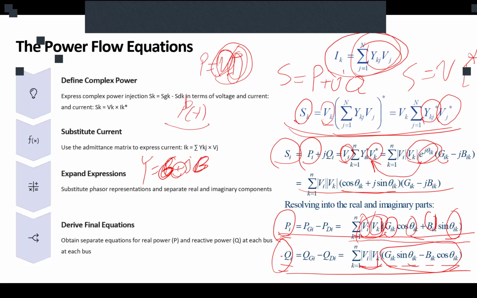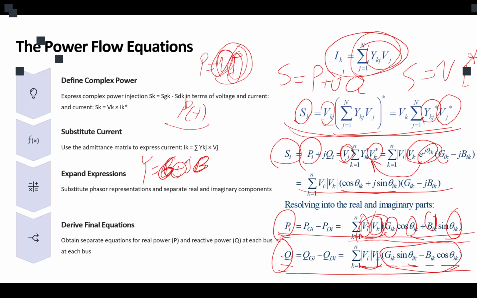In a real power grid, transmission lines are mostly inductive and a little bit capacitive, and the resistance versus the inductance is so low that we could neglect it.